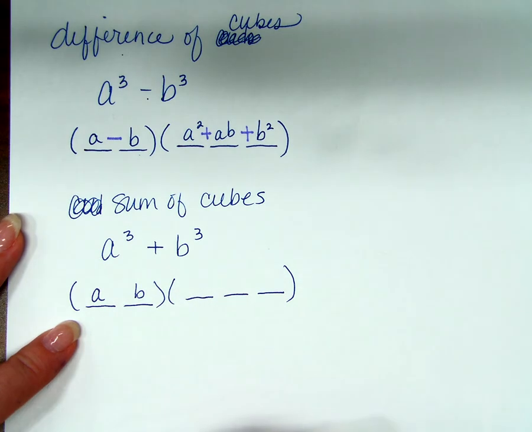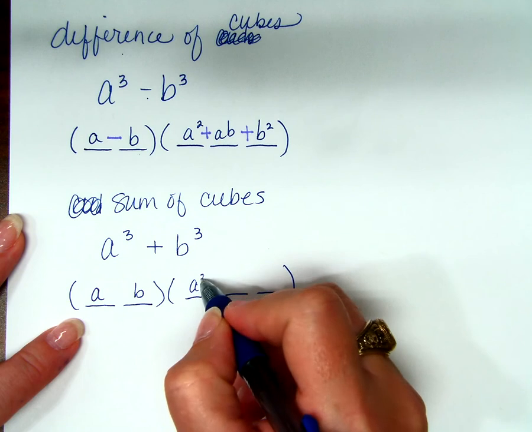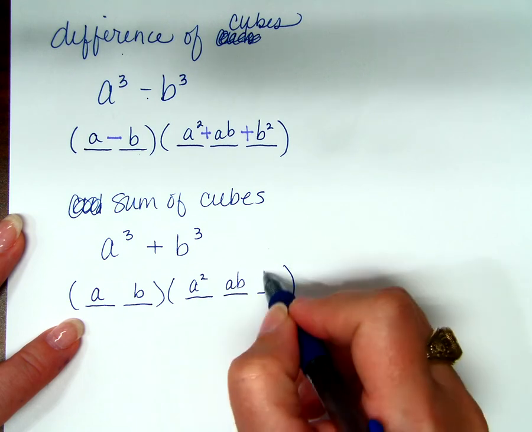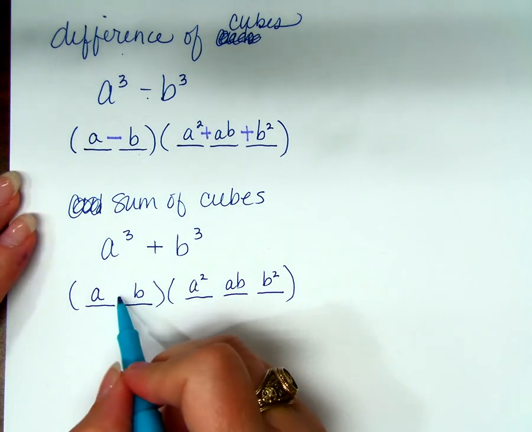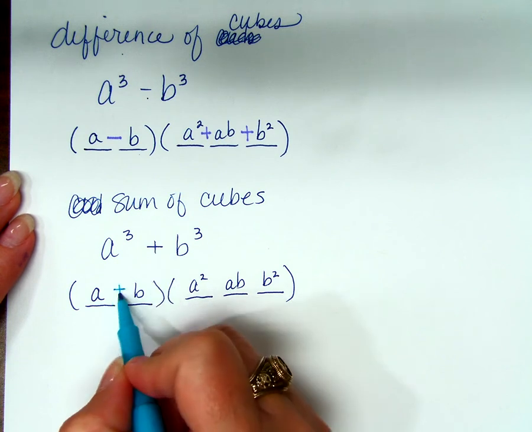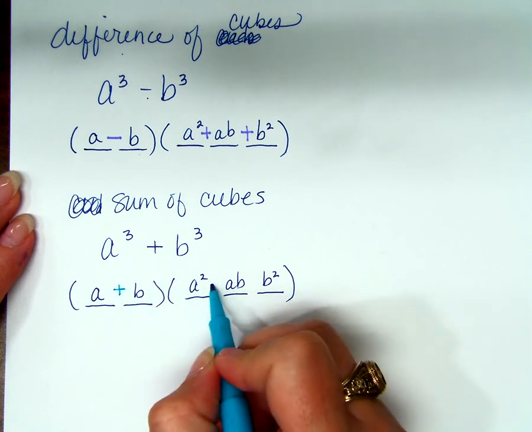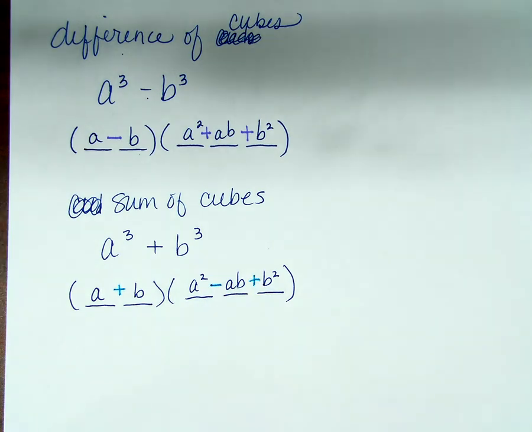A and b. Guess what the trinomial looks like? A squared, ab, and b squared. And guess what the signs are? Whatever is in the problem is in the binomial. The second one is minus, opposite of that, and the last one is always plus. So if you know one of these, then you know the other one, don't you? Okay?